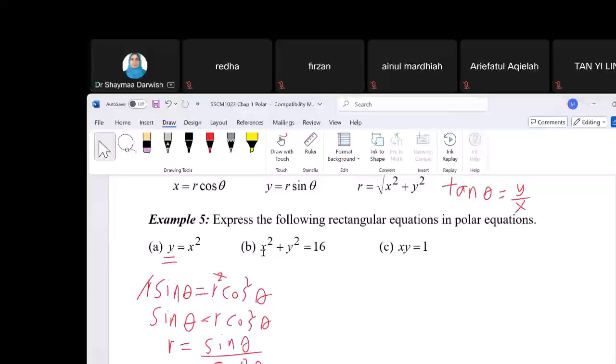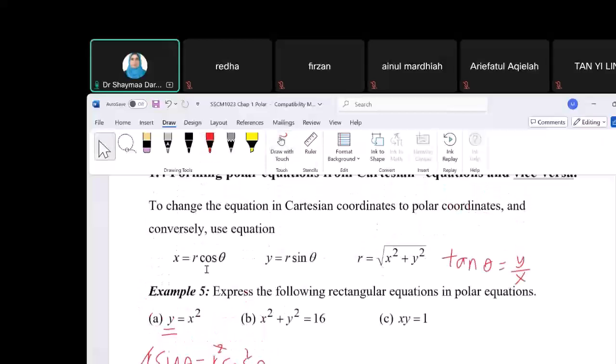Okay. X squared plus y squared equal to 16. How to convert this one? You can use x equal to r cos theta, y equal to r sine theta, correct? If you make x squared, r square cos square, y square, r square sine square, and you add, correct? But here I will use this relation directly because it is easier.